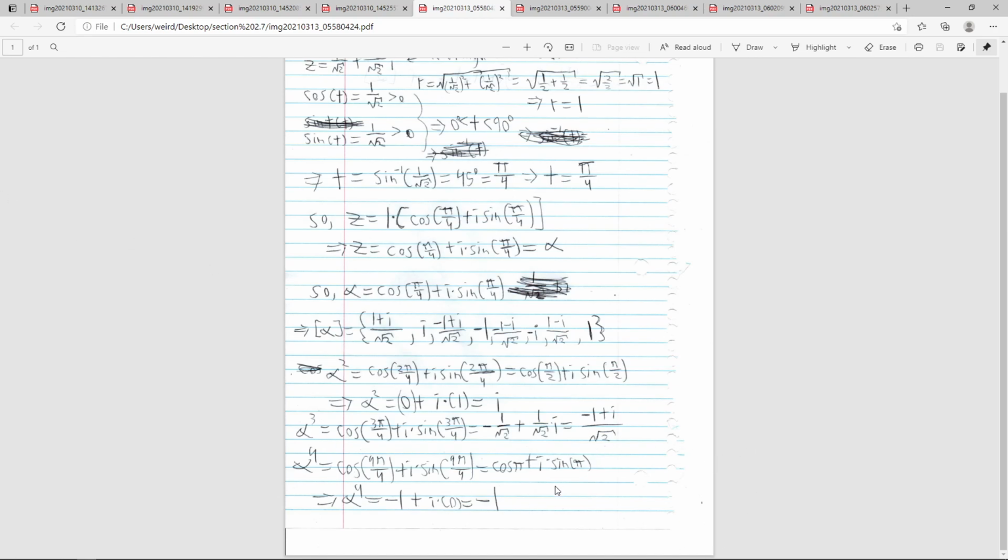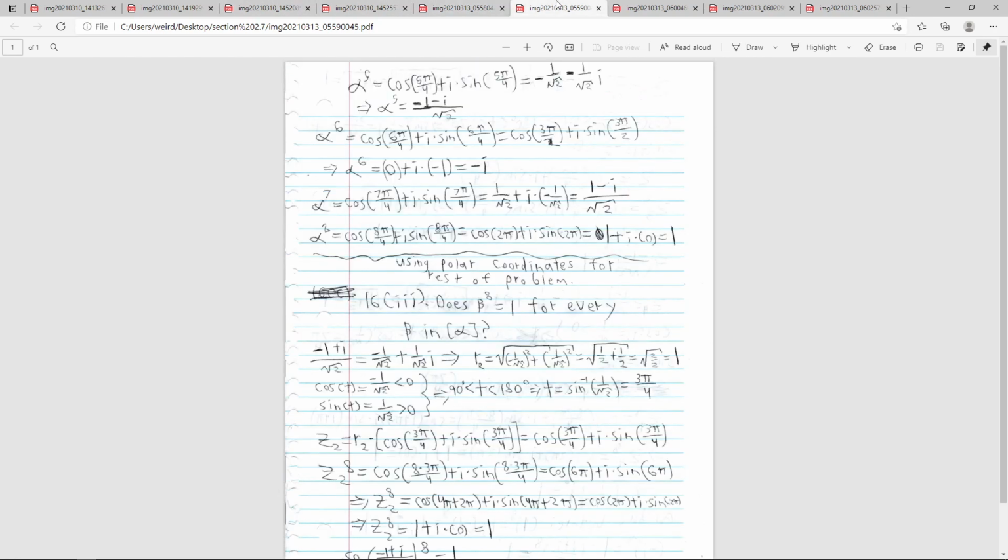It's negative 1 over square root 2 and 1 over square root 2. And you divide out 1 over square root 2 to get them, so that you add up the like things. So it's negative 1 plus i divided by square root 2. I have it in the format as before at least. And you keep this up, you get negative 1, then you get more. You just keep on multiplying that power into the angle.